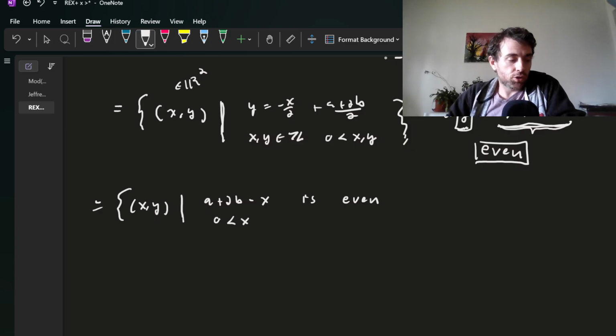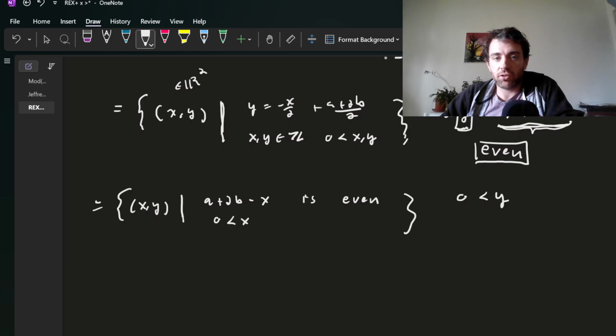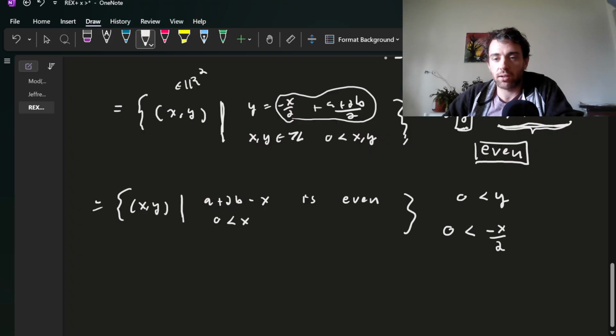But the condition that y is greater than 0, we can rewrite this as well, right? So if I want y to be greater than 0, well, that would be the same thing as saying that 0, so just replacing y with this formula here, that would be the same thing as demanding that 0 is less than minus 2x plus a plus 2b over 2.